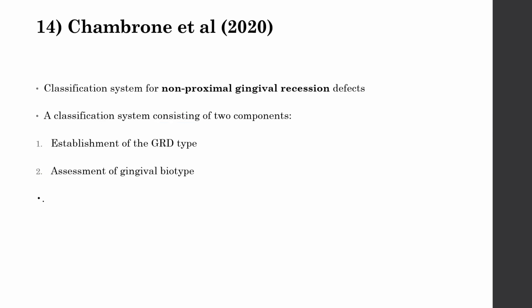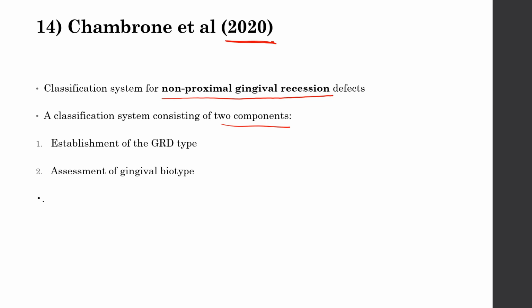This is the last and the latest classification, which has been proposed in 2020, in August 2020 I would say. This classification has limited itself to the non-proximal gingival recession defects, that is, recession present on the lingual and the buccal surfaces of the teeth. It has considered two components.